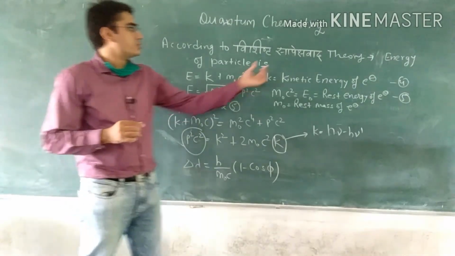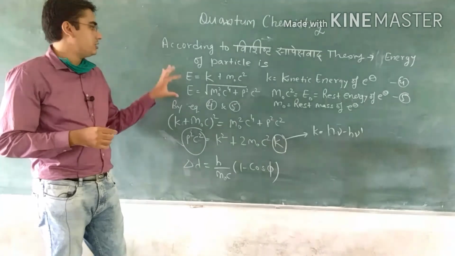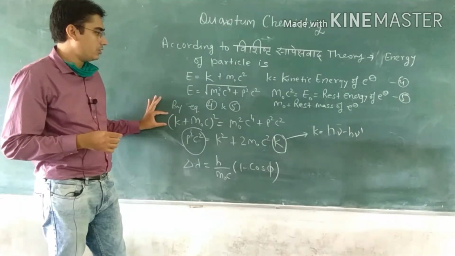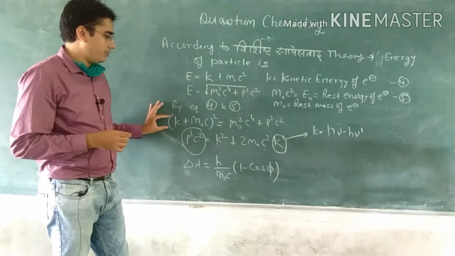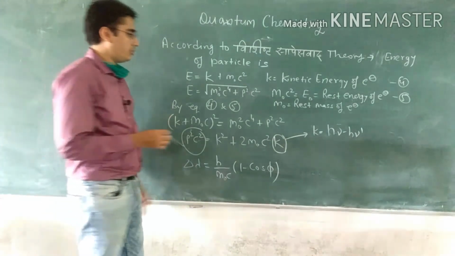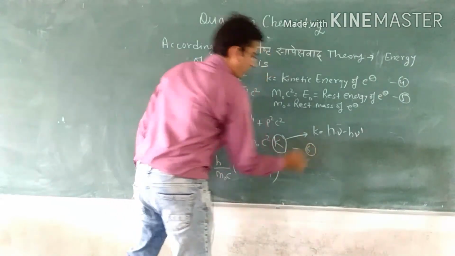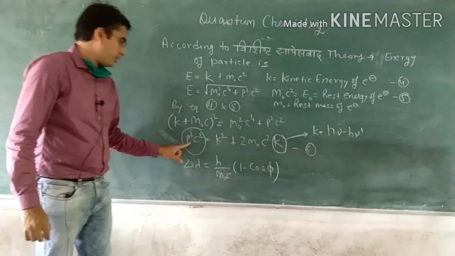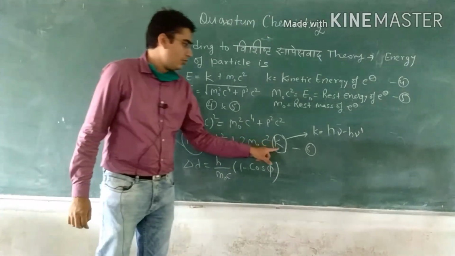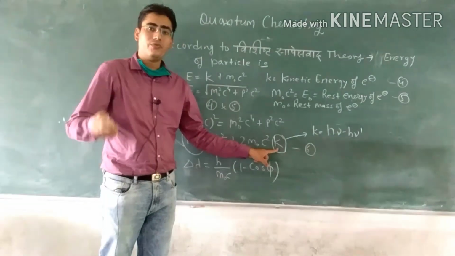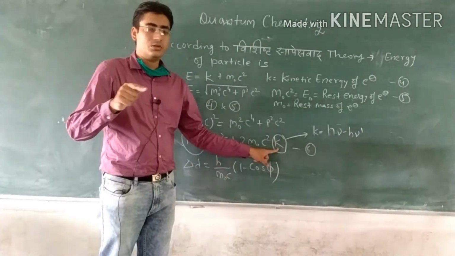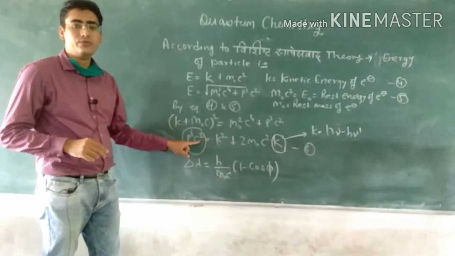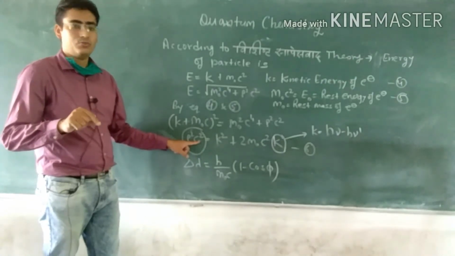From the relativity theory, energy of a particle is given by this equation. We equate equations 4th and 5th and rearrange them, then we get this equation number 6. Here in equation number 6 you will get K and p square c square. The value of K we get from the law of conservation of energy, and the value of p square c square we get from the law of conservation of momentum.